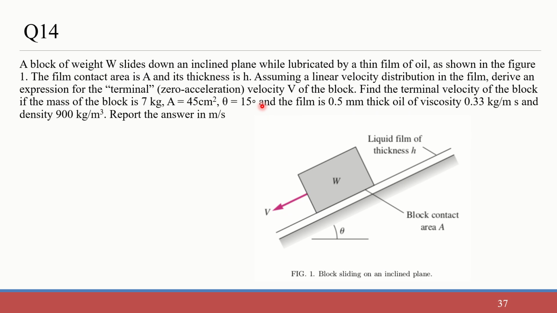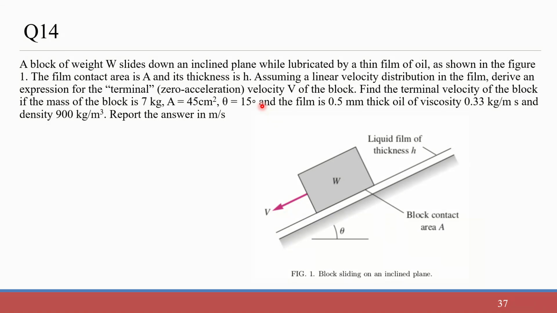So it is the same problem as in the previous question. What is different is, in the previous problem we were asked to find the inclination angle. Here we are asked to find the terminal velocity of the block. So let us quickly brush over what is given in the question.